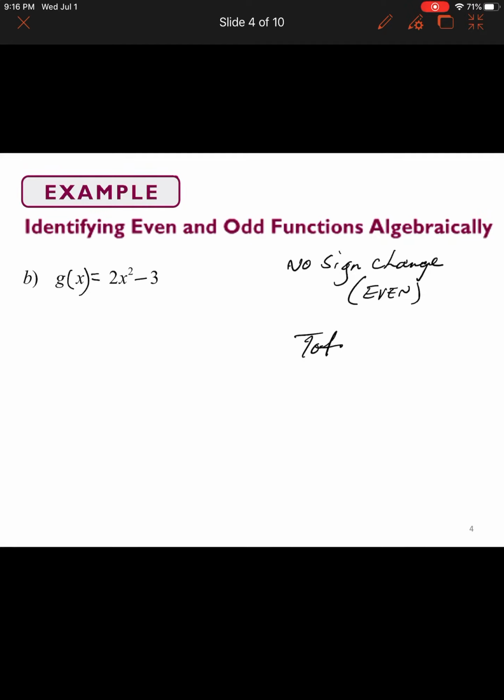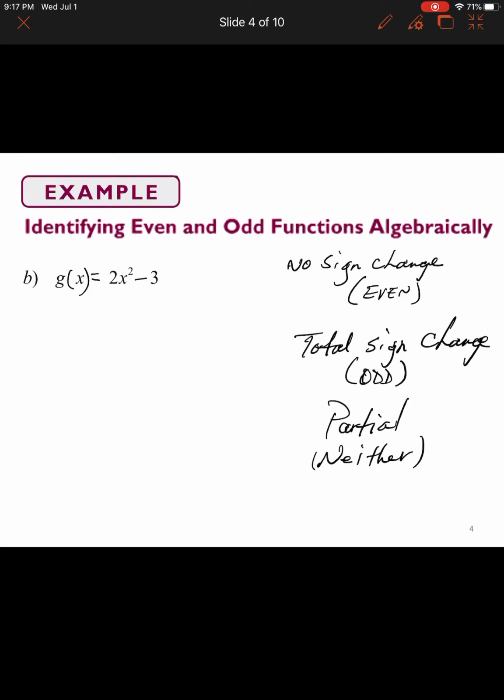Total sign change, you have an odd function. Partial, don't nobody want nobody being partial, so you have neither even nor odd.